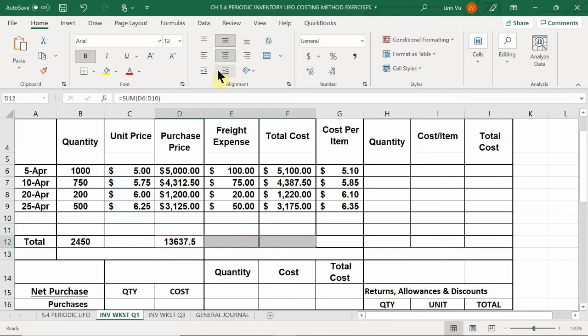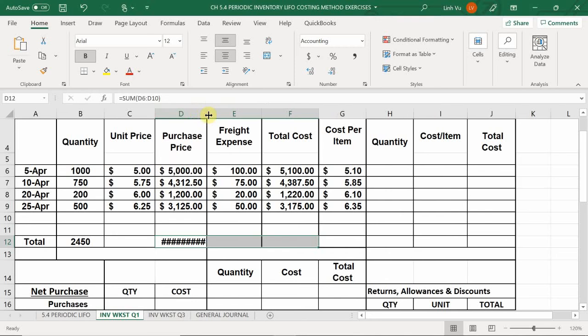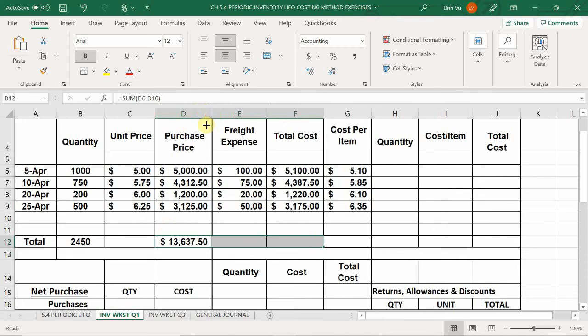Then what's my total freight? 245. Good. And then last but not least, what's my total cost? 13,882.50.